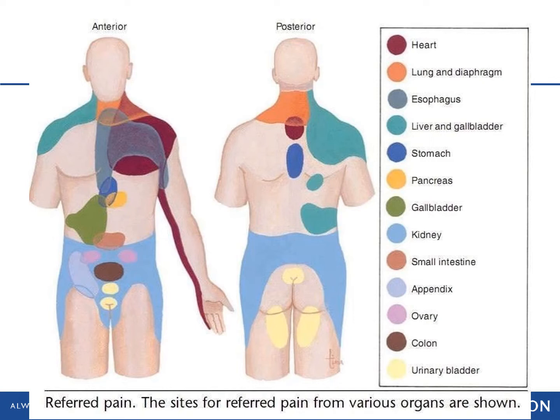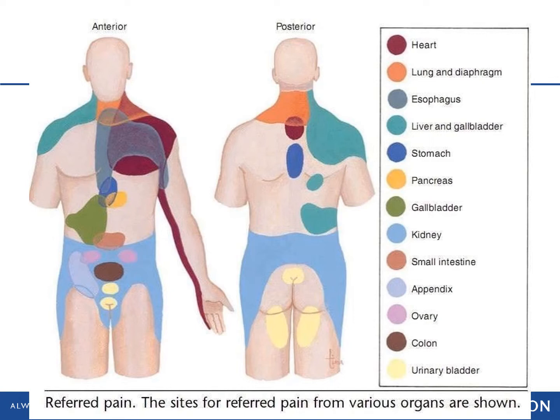So this is a chart of your typical referred pain areas. As you can see with the key on the right side, there's a lot of different areas that pain might be referred from depending on what organ is being affected. And this has something to do with how your nerves are organized in your brain, and how neural pathways are formed. And that's why you can have pain coming from the heart that you actually feel in your jaw instead of your heart.